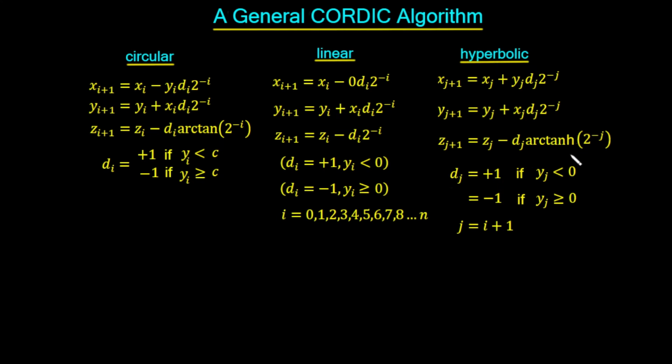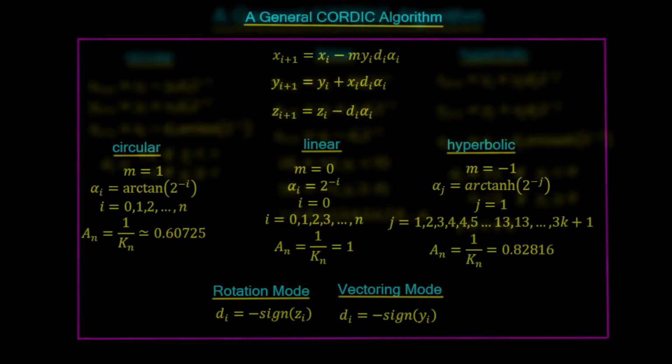So we could just call this one function, say for example alpha i, and then we choose each of these alpha i's depending on whether we're using circular, linear or hyperbolic. Let's jump on to the next page and we'll see this written down as one set of equations.